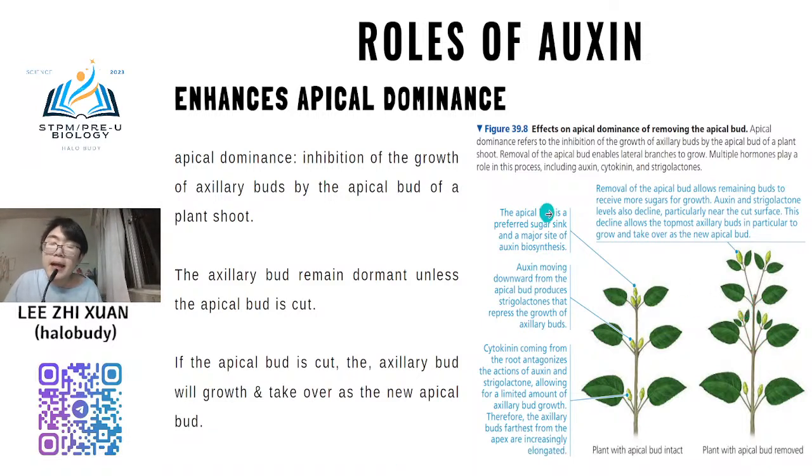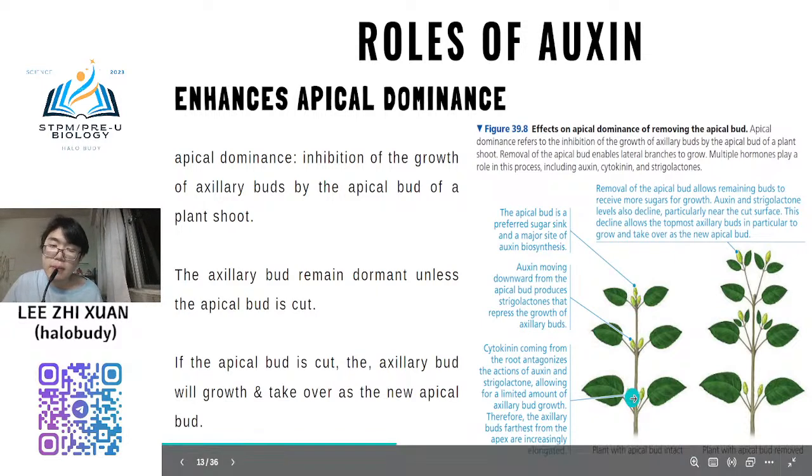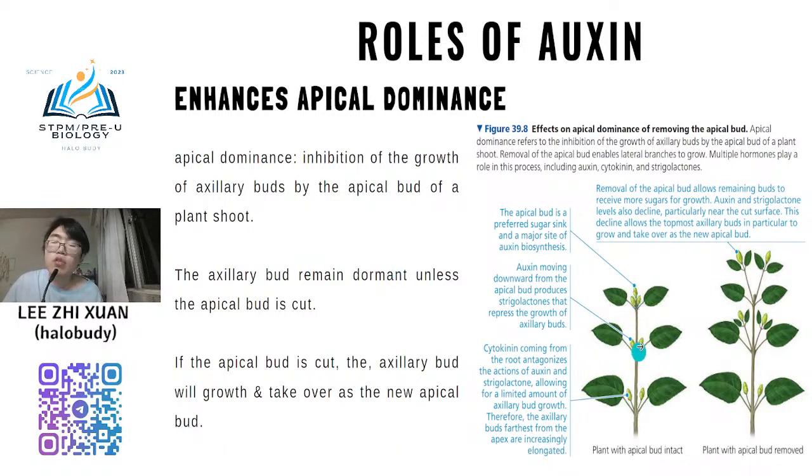So we know that the apical bud is the place that secretes a high amount of auxin. So the axillary bud remains dormant unless the apical bud is cut. You will see this axillary bud here remains dormant, meaning that it will not grow and branch like this.